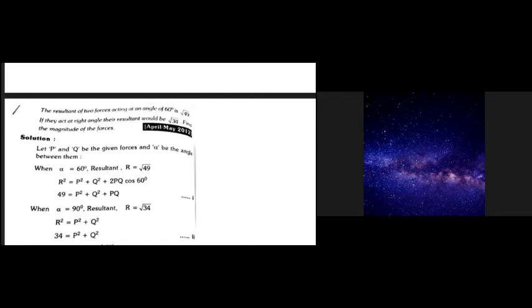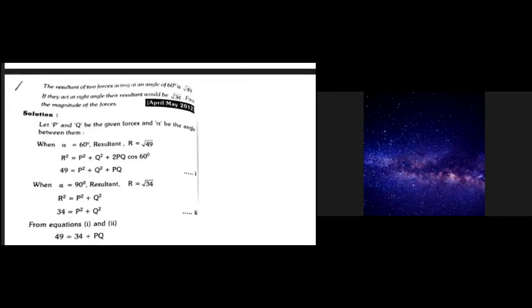Here you have to find the components of the force system. So for that, let us assume P and Q are the two concurrent forces acting at an angle of alpha, that is, alpha is the angle between them.